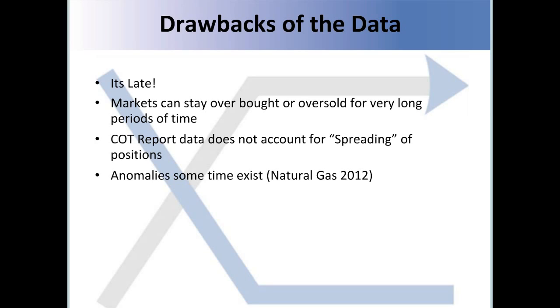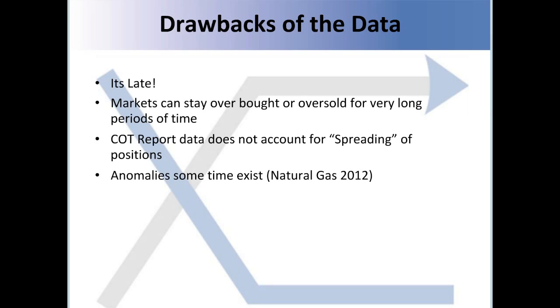The other thing that's very interesting is the COT report does not account for spreading of positions. This isn't really a huge issue, but for some markets the spreads are a lot bigger than others. Like in the treasury markets, there's always a lot of long and short positions against each other. So there are speculative positions on the steepening or the flattening of the yield curve itself, and these positions can get pretty big.